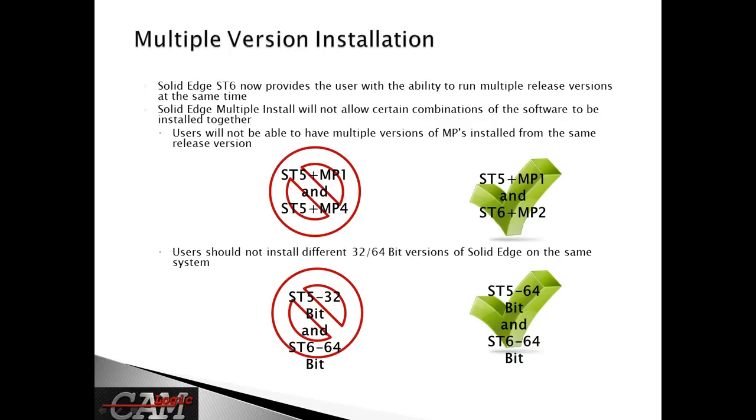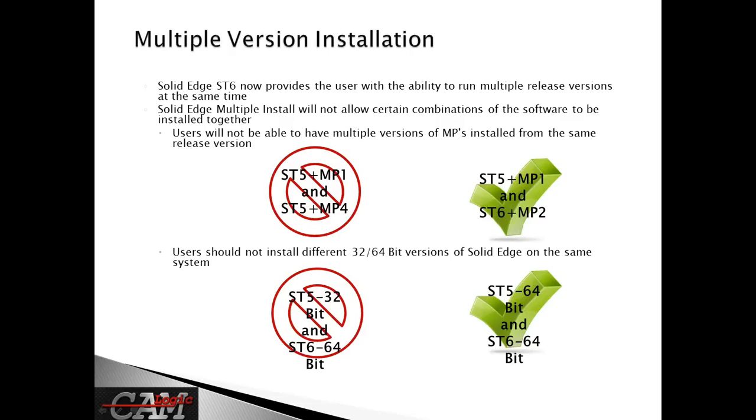So you can see here that there's a couple little illustrations. On the no signs, you can see that this is not intended for, say, installing ST5 Maintenance Pack 1 and ST5 Maintenance Pack 4. That's not going to get it done for you. What you're going to want to do is install different versions, so ST5 and ST6, okay?